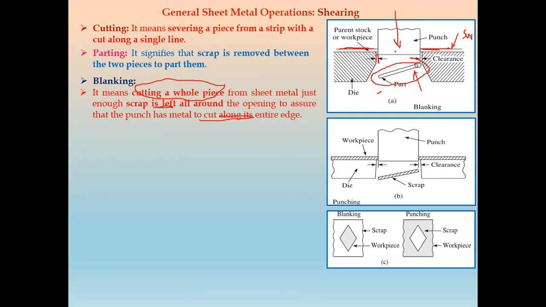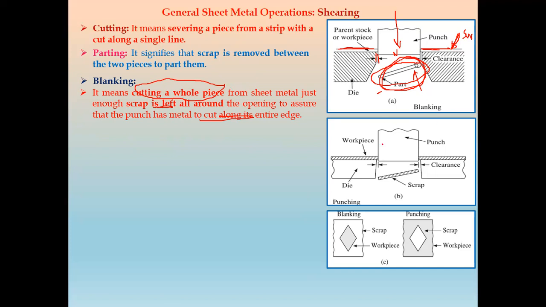Okay, the punched out material. After punching, the material you get from this die is called the workpiece or required material, and the remaining material is the scrap material.